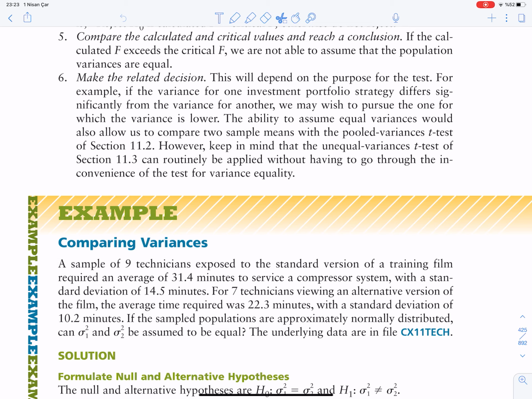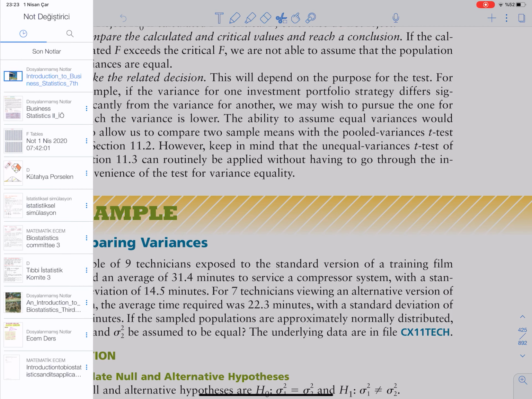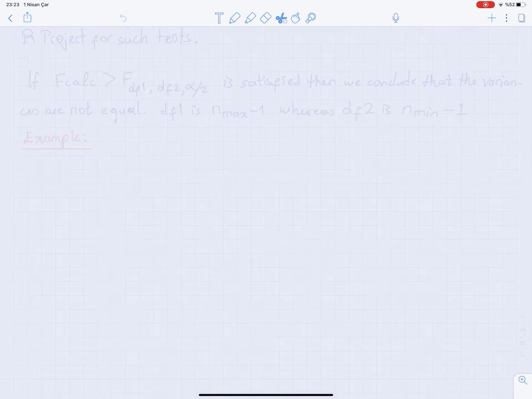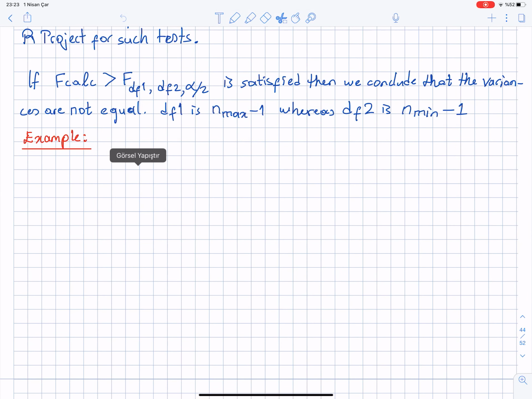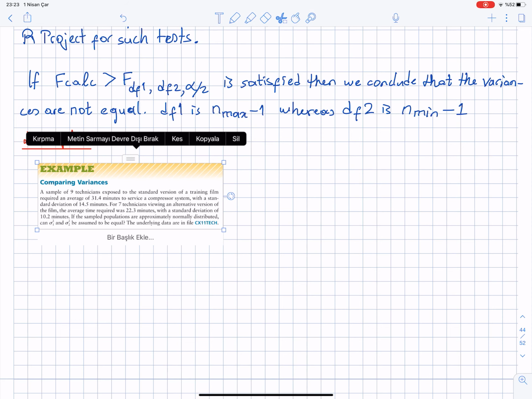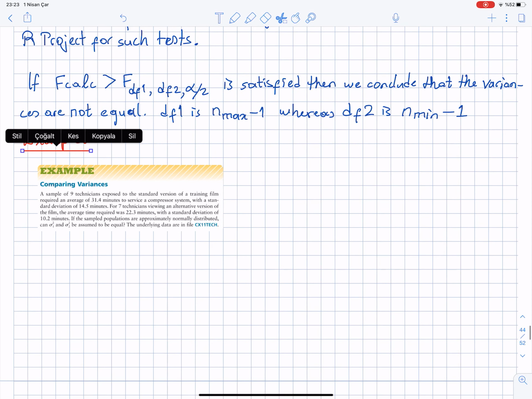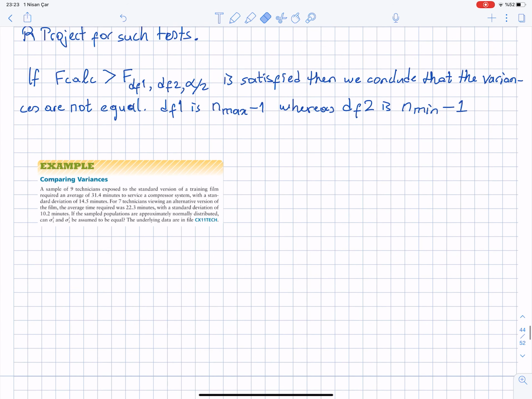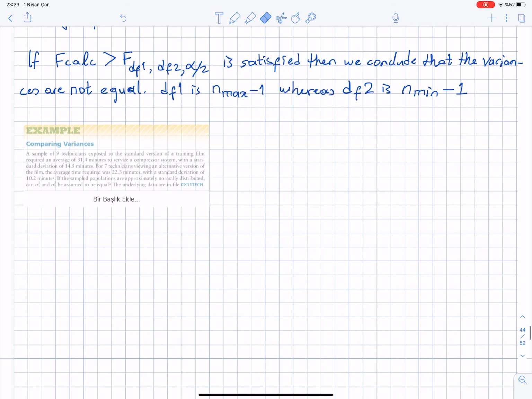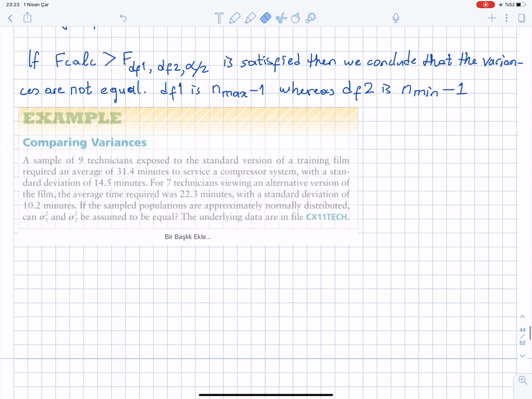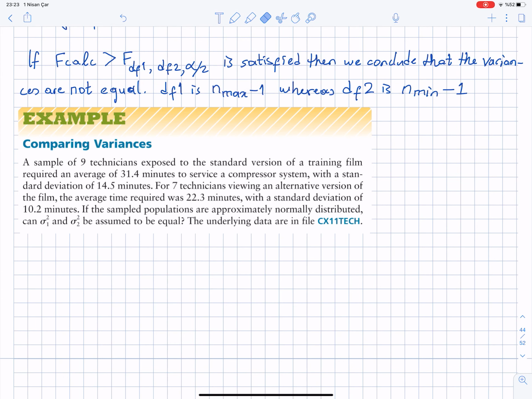Let's go back to my lecture note. Maybe I can avoid writing the example here, because I have a title for the example within the picture I pasted here. Okay, this is the example.